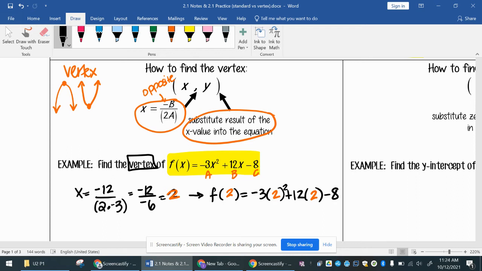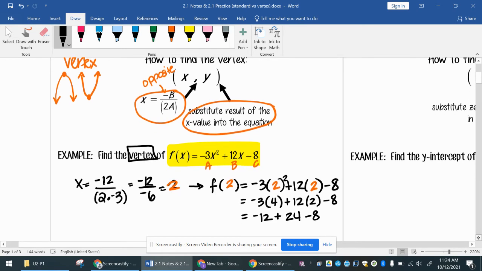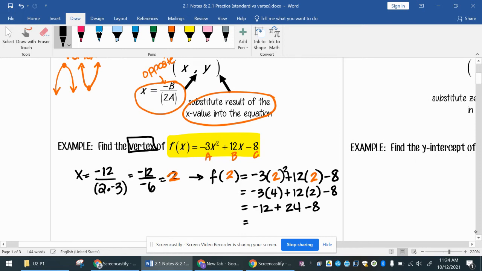And I'm simplifying using PEMDAS, parentheses and exponents first, then multiplication, and then addition or subtraction. So our answer for the vertex is (2, 4).